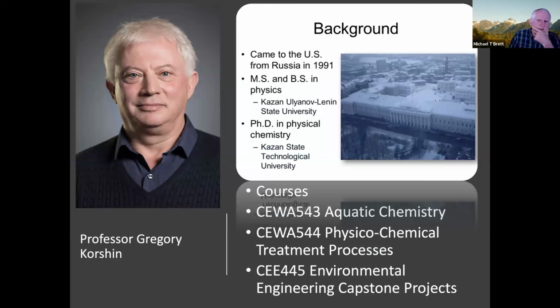Professor Korshin does a lot of research on issues related to environmental chemistry, and especially his specialty is corrosion. And he does research also on things like arsenic and the runoff from landfills.